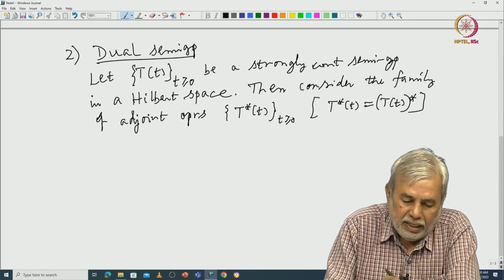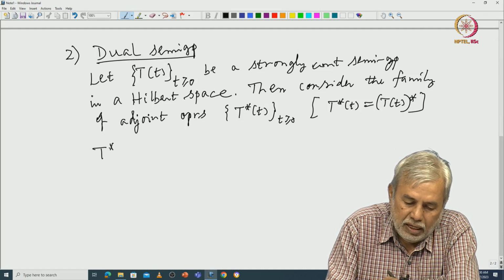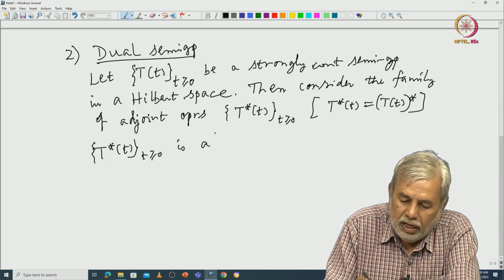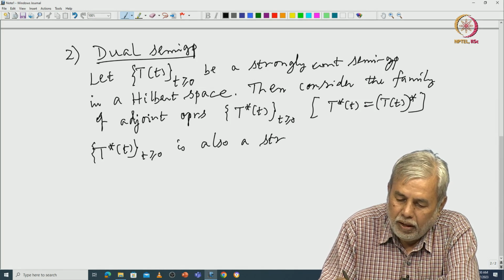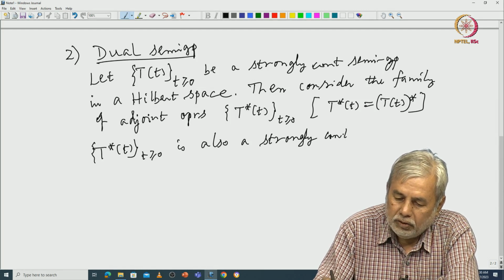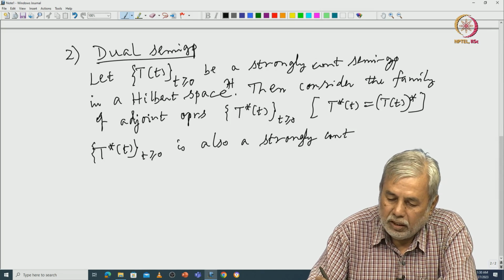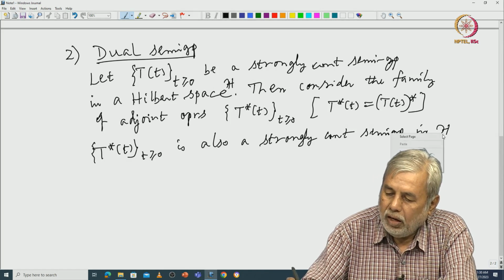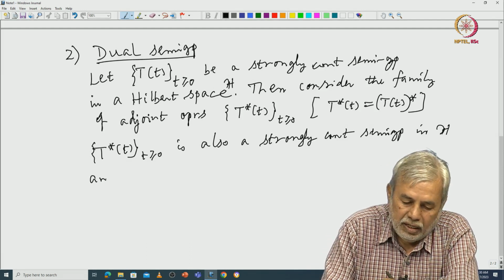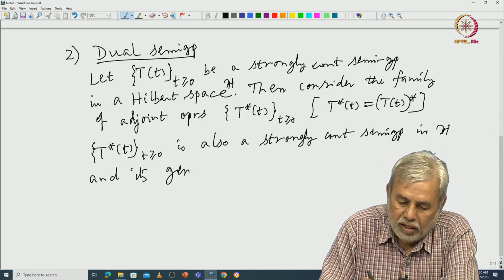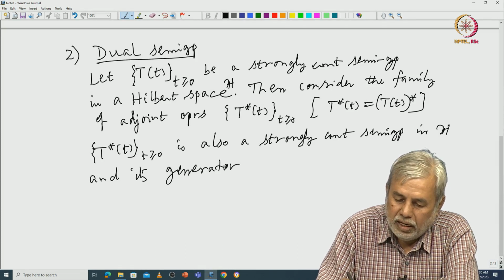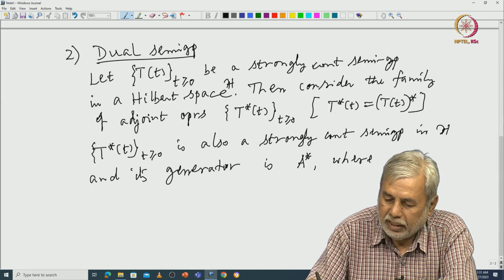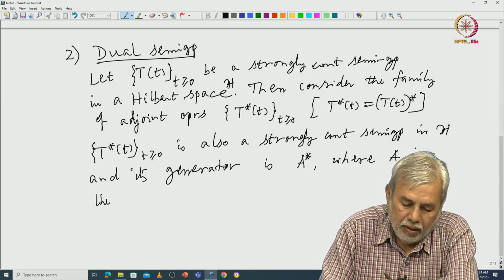But what's important is that this T star(t) is also a strongly continuous semigroup in H, and its generator is A star, where A is the generator of T(t).